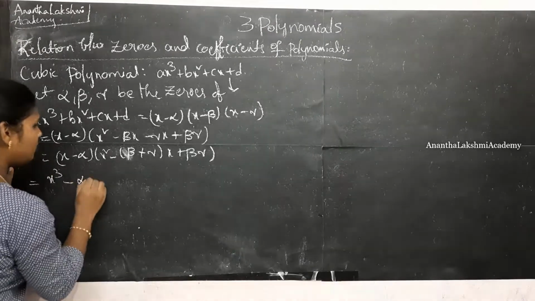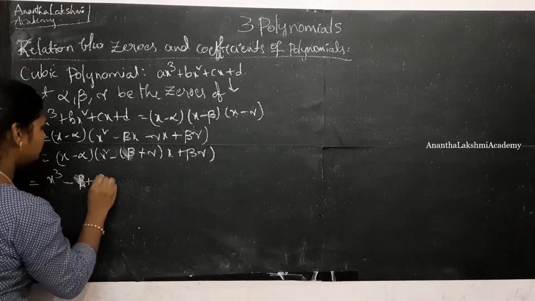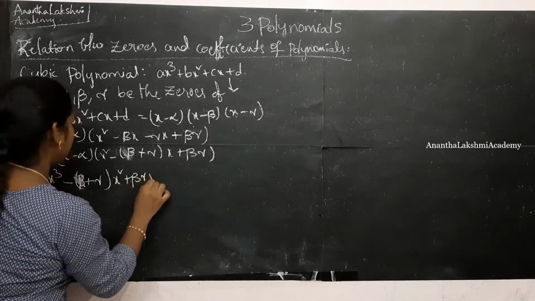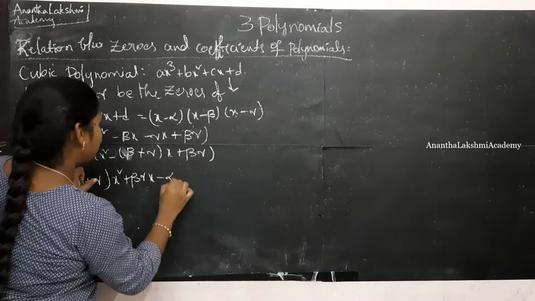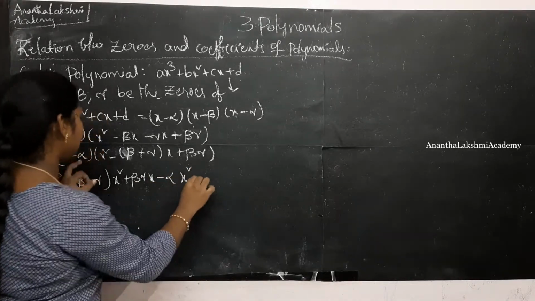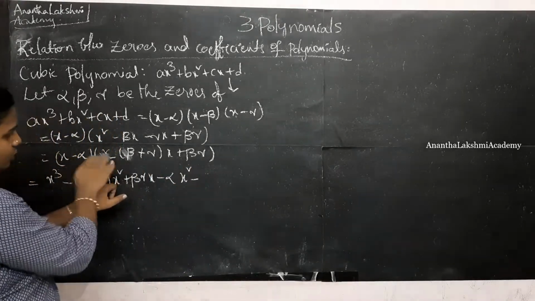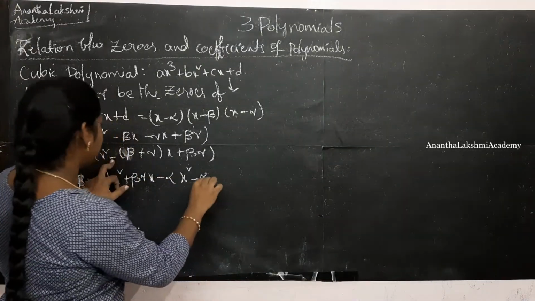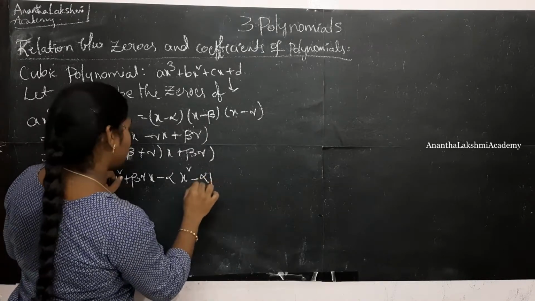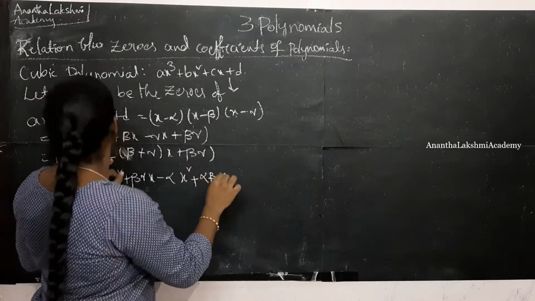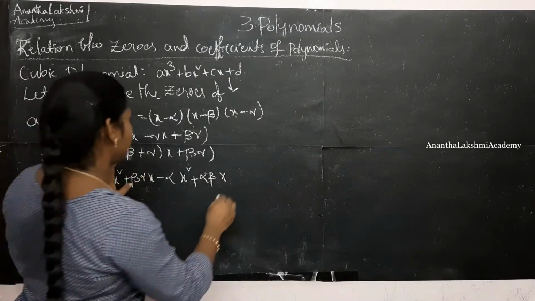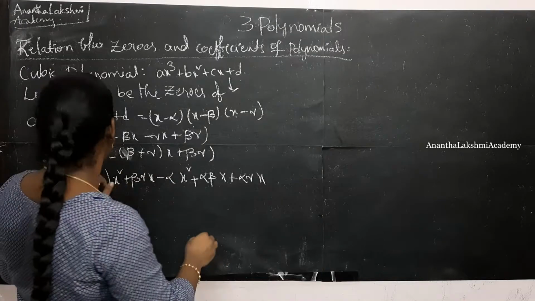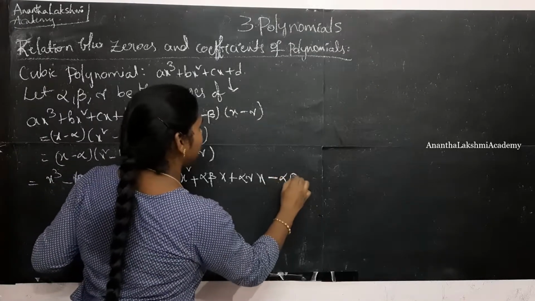minus beta plus gamma into x square plus beta gamma into x minus alpha x square minus, I'm going to multiply this whole with minus alpha, so this will be minus plus alpha beta x, and then minus into minus is going to be plus alpha gamma into x minus alpha beta gamma.